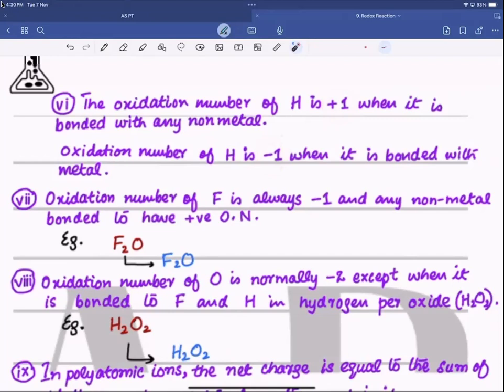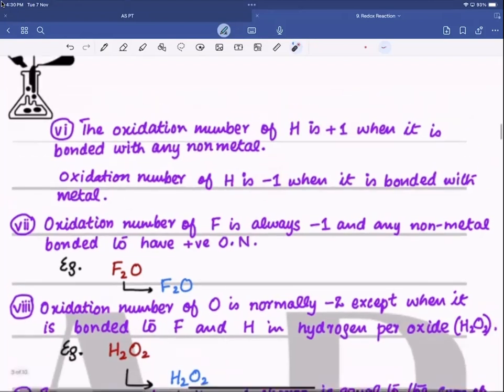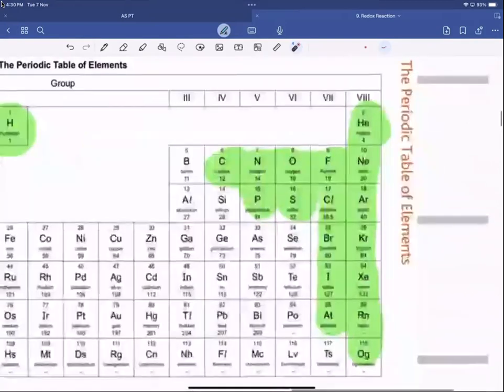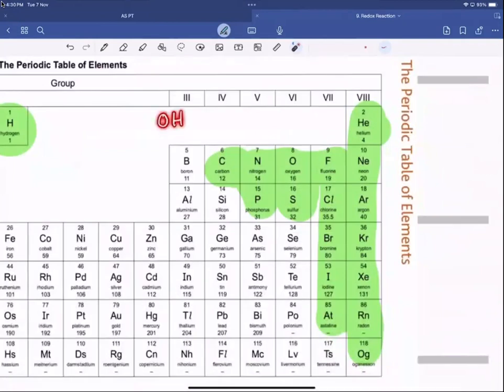If hydrogen is bonded to any non-metal, for example if hydrogen is bonded to oxygen, then hydrogen's oxidation number is +1. If bonded to carbon, it is +1. If bonded to nitrogen, it is +1. Is this point clear?